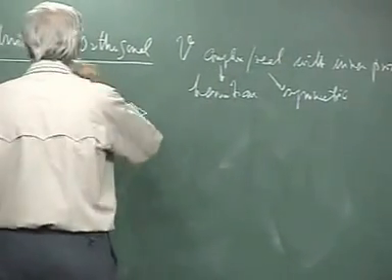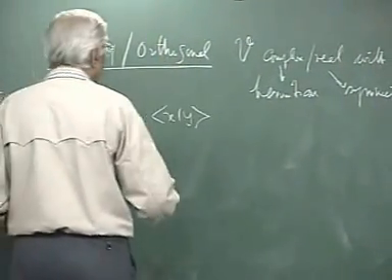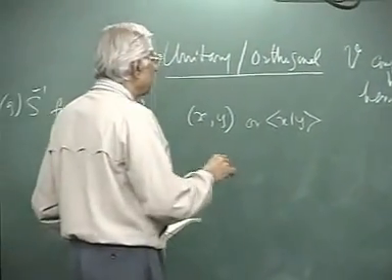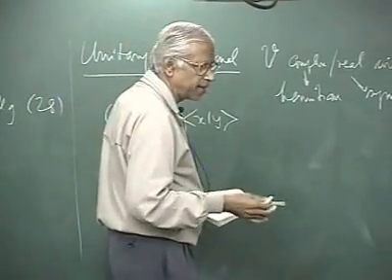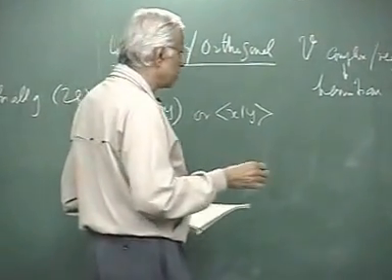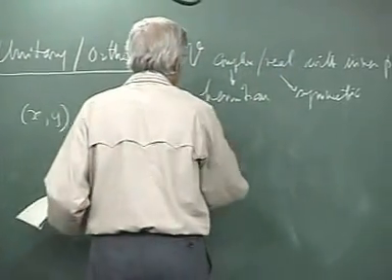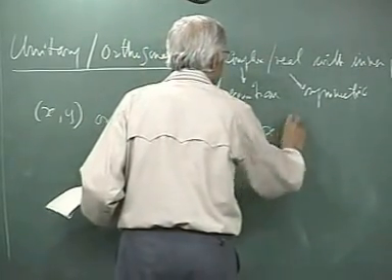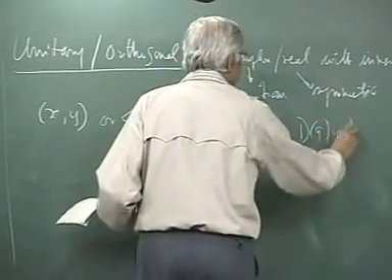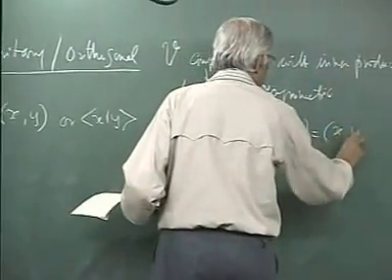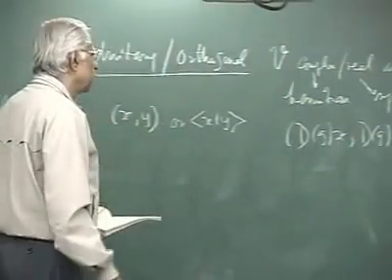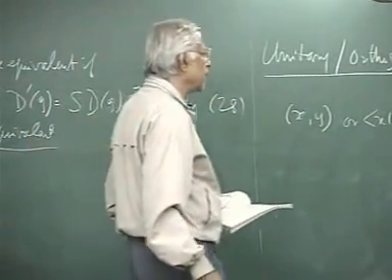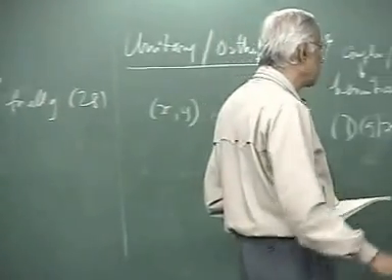So a given representation on a vector space V carrying an inner product is said to be unitary, or it's said to be orthogonal depending on the complex or real case, if the following condition is satisfied. The scalar product between two vectors is unchanged by action by the group.